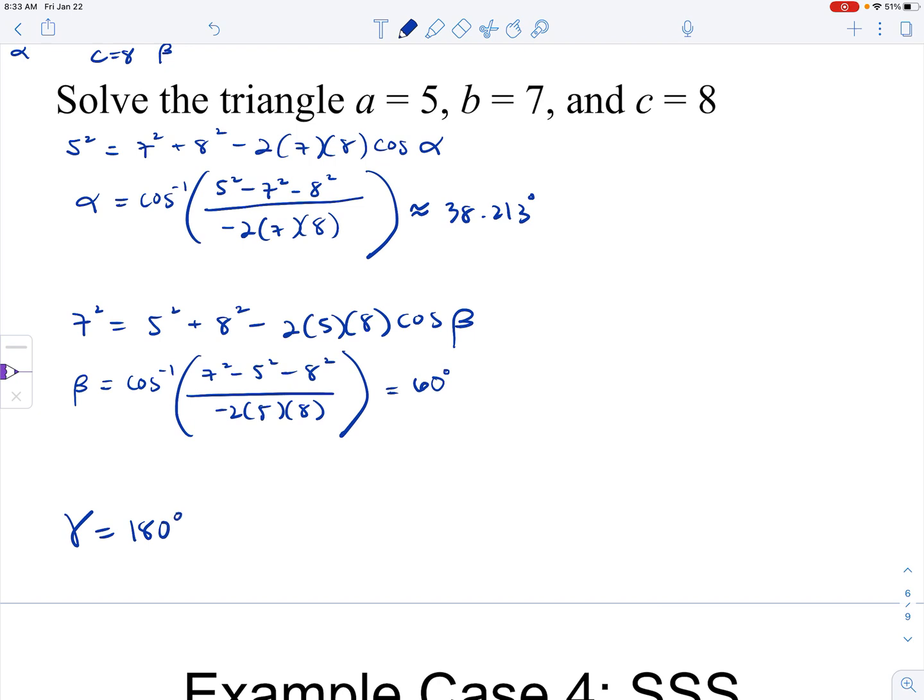And then to solve for gamma, and you didn't have to go in this order for the angles, I'm just going in order to make sure it's easier for me to keep track of what I should be solving for. So 180 degrees minus the sum of the other two angles, so minus alpha plus beta, or you can write alpha plus 60 degrees.